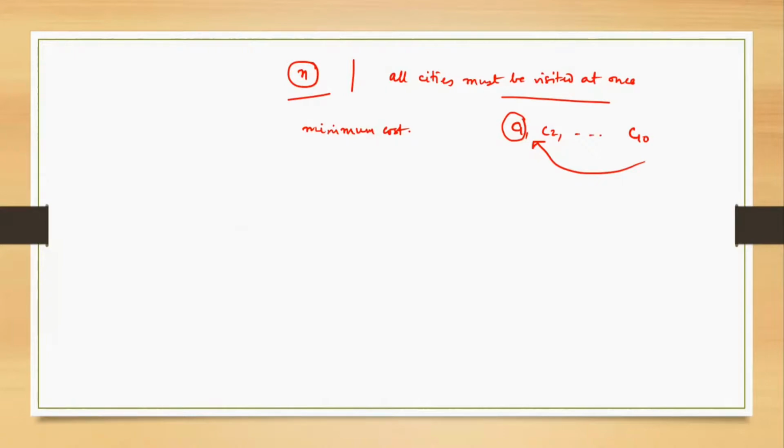But here one of the constraints is that the salesperson needs to visit each and every city at once and come back to the city from where he or she started, but with minimum cost. Cost means travel cost should be minimum.